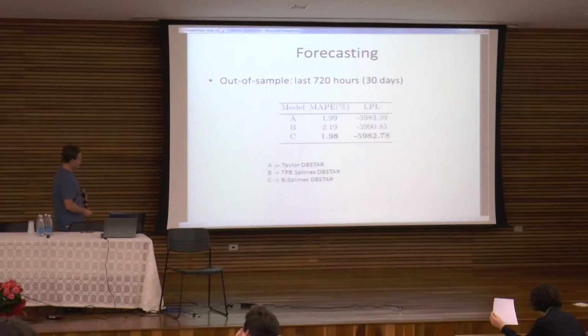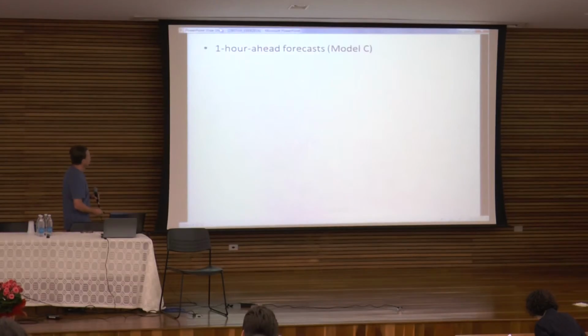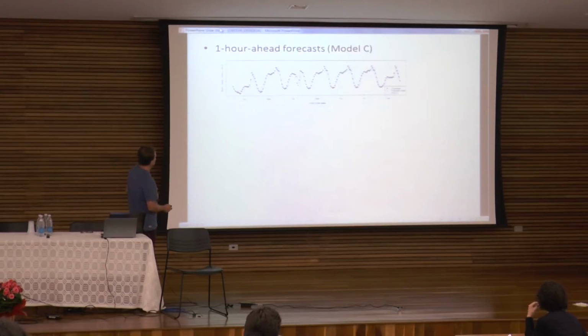The B-spline model produced a slightly better performance than the Taylor between the three models. So this is the log-likelihood. And these are the plots of the 1-hour-ahead forecasts. You can see this is for the 3rd week in June.